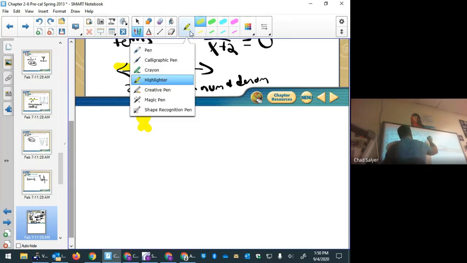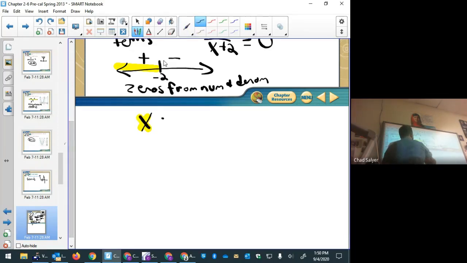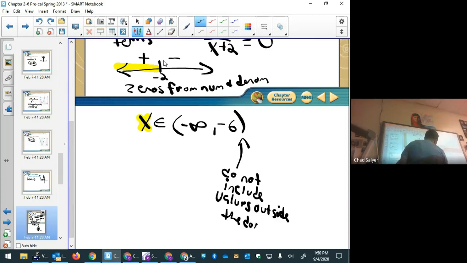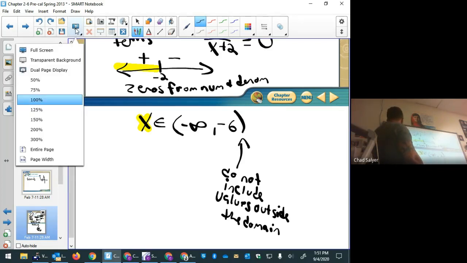So our solution is going to be x is an element of negative infinity to negative 6. And we can't include negative 6 because it's outside the domain of the original rational expression.